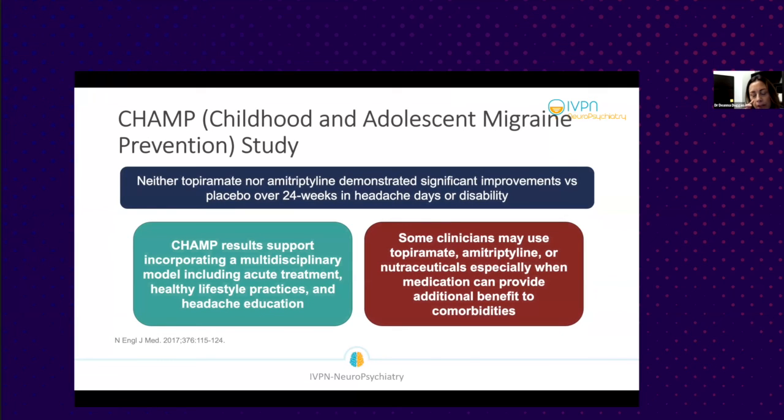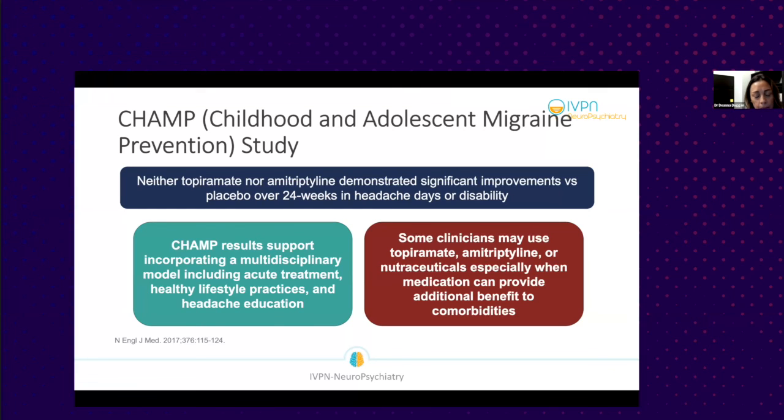But returning to the notion of the first line pharmaceutical approaches that are used for prevention, there was a study conducted several years ago that looked head-to-head at the efficacy of topiramate versus amitriptyline versus placebo in children over 24 weeks that had frequent to chronic migraines.